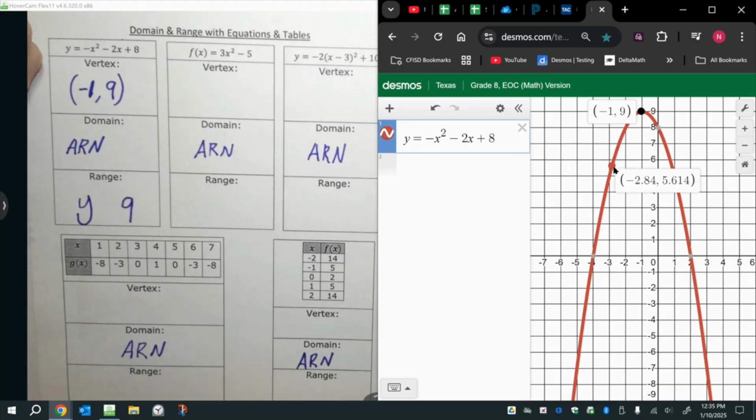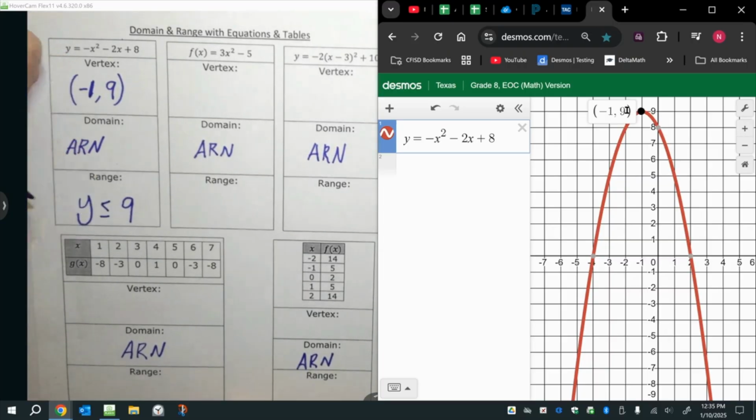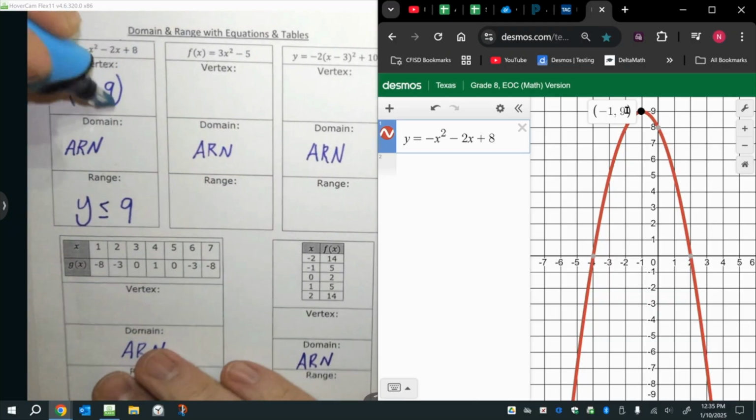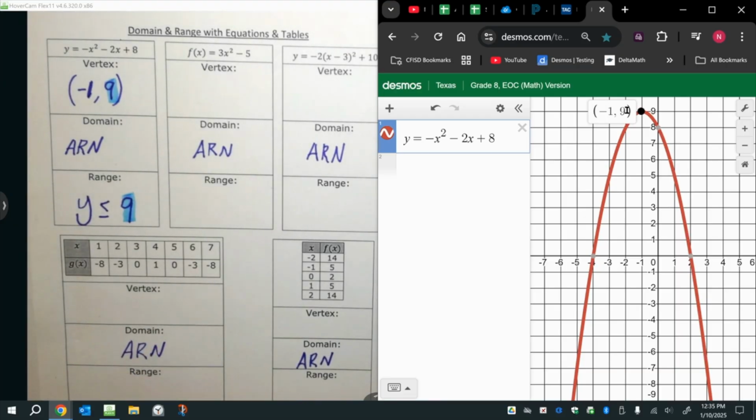Look at the 5, the 4, the 0. They're all less than that 9 right there. So all the y values are less than 9. 9 will be the same, as those two are the same.